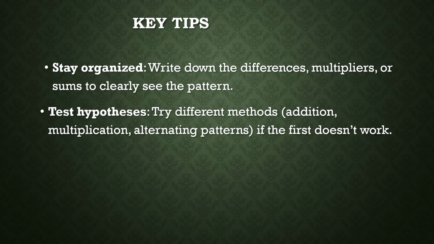Similarly, if one method is not applicable, then we need to see if there are other rules which fit in. There could be an alternate pattern, a constant multiplication, a constant addition, or it may follow a different pattern within the numbers.